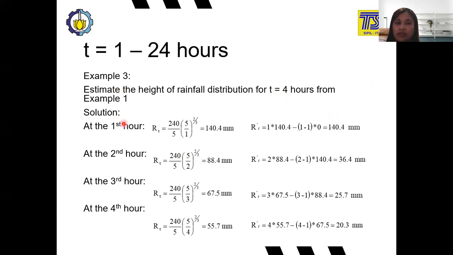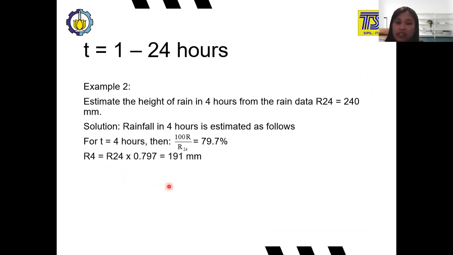And from this equation, we got the rainfall distribution at the first hour, second hour, third hour, and fourth hour. But here, from this example number 2, we only got the height of the rain in 4 hours.